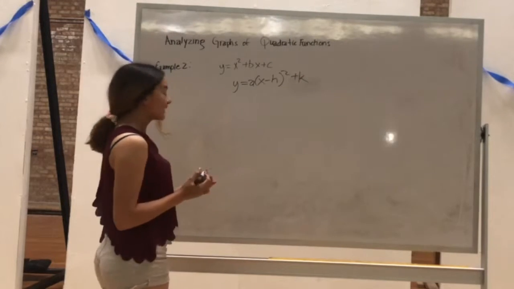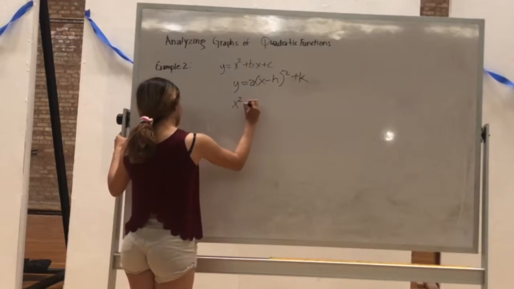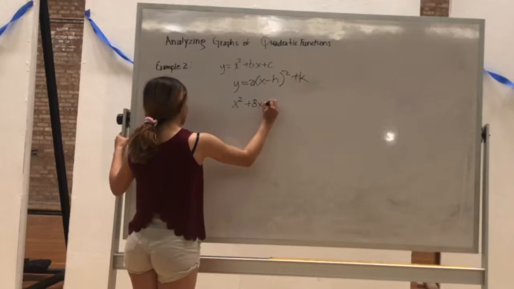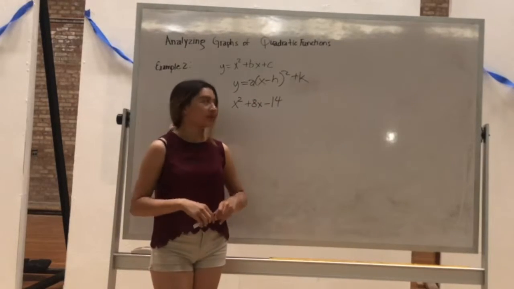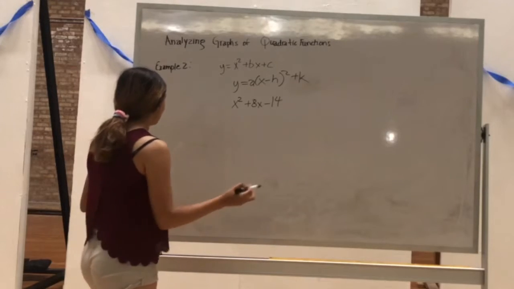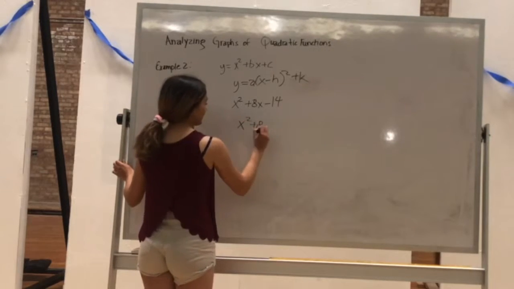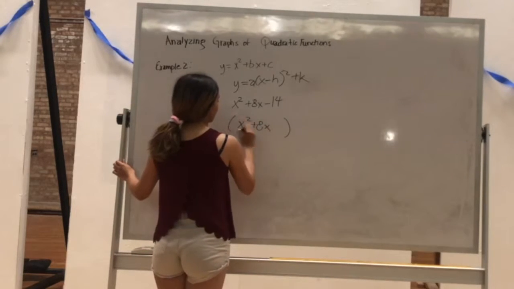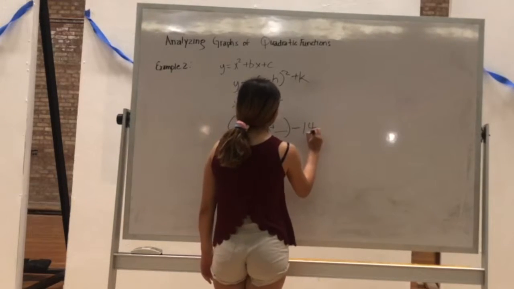So for our example problem, we'll use x squared plus 8x minus 14. Notice that this quadratic function is not a perfect square, so we're going to have to complete the square. First you write x squared plus 8x, plus blank, minus 14.